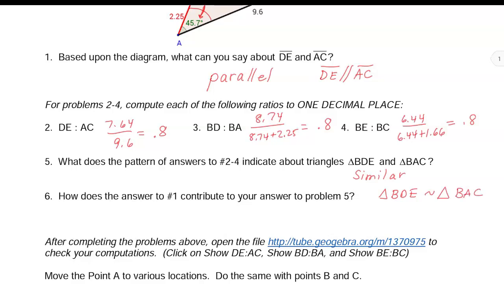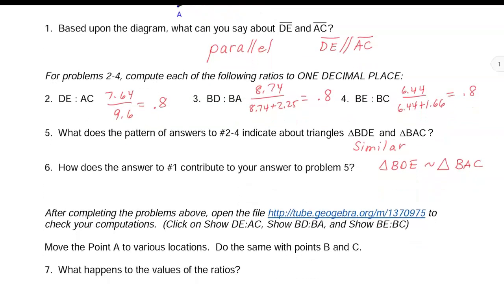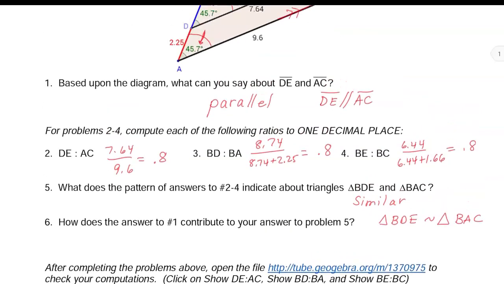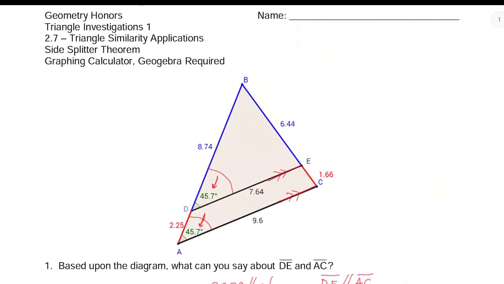Okay, this is what I want to do. Since we know that the triangles are similar, I'm going to talk about those ratios of the sides. So first of all, we said the left side BD of the smaller triangle here, making a ratio with the left side BA of the large triangle, is in the same ratio as the right-hand side.